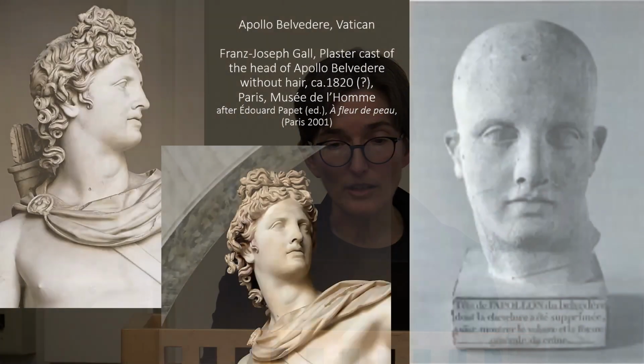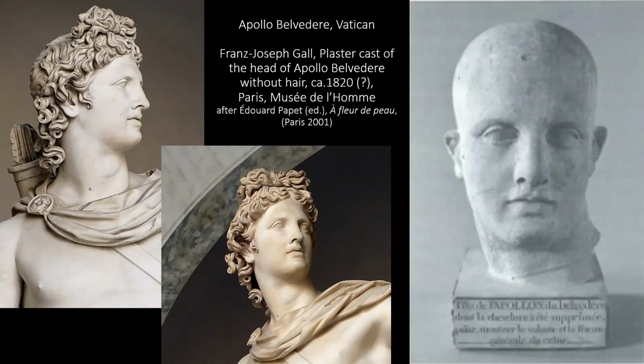So that made me think more, and this is my contribution to the volume, more rigorously about what it means to do research with cast collections. We always thought this is the most positive and the most innocent aspect of cast collections, to think of them in terms of research instruments.